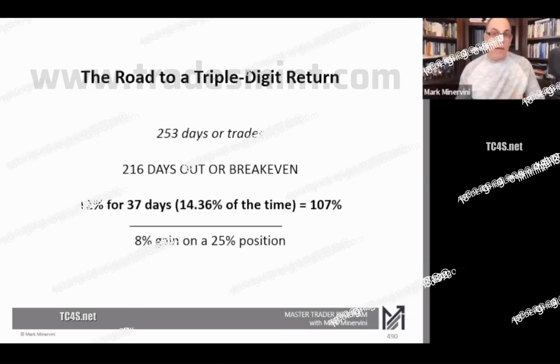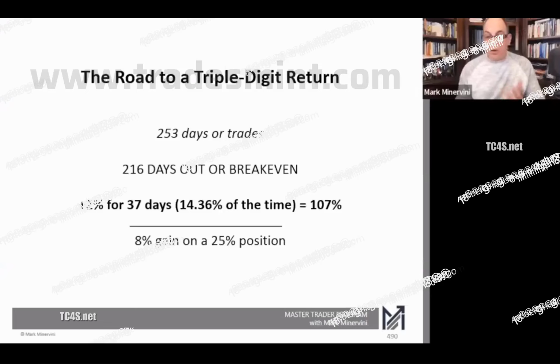The stock went up 8%, we took a 25% position, and that's 2%. 10% would be 2.5%, obviously. So you'd make 2% on your overall account. Do that 37 times in a year and just break even the rest of the time, and you make 107%.